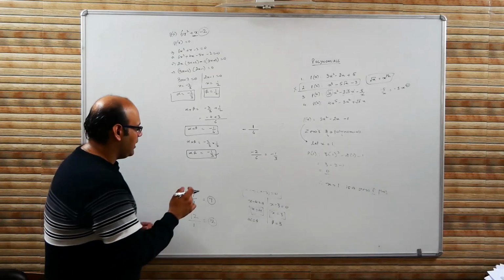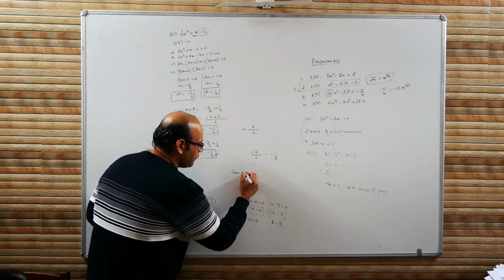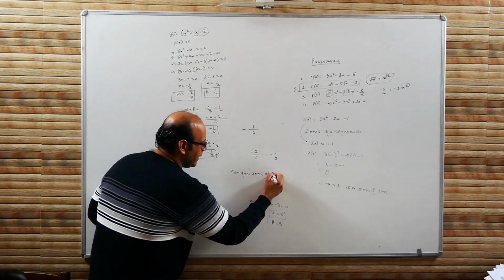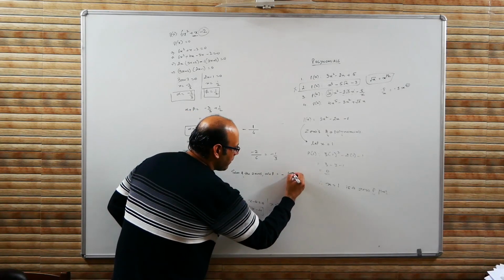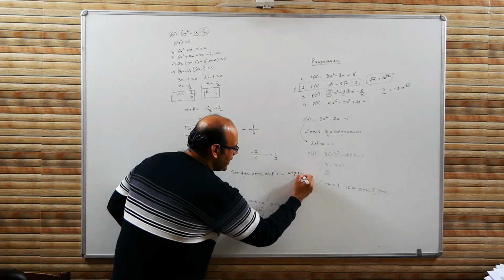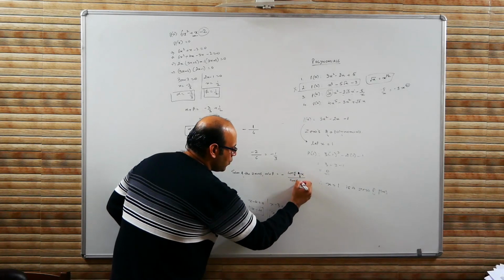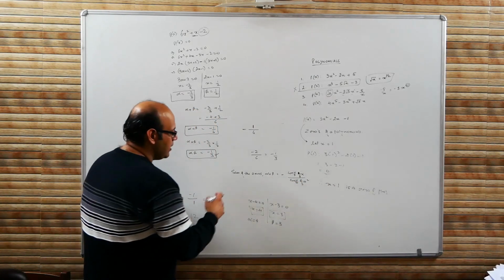It turns out that if I have to find the sum of the zeros, that is alpha plus beta, it is equal to negative of the coefficient of x divided by the coefficient of x square, right?